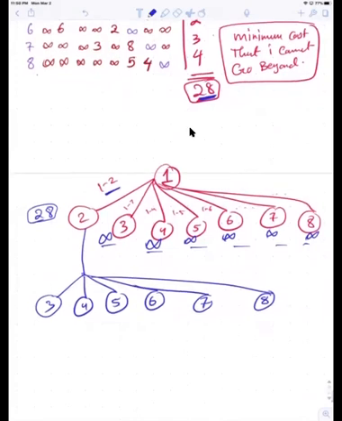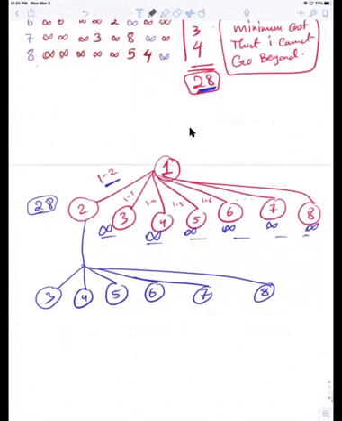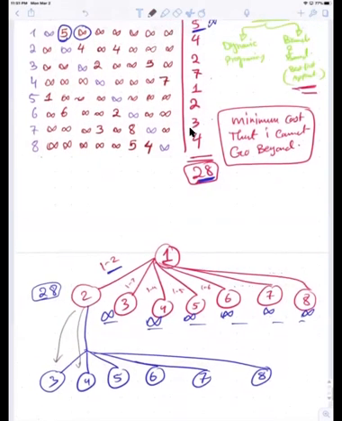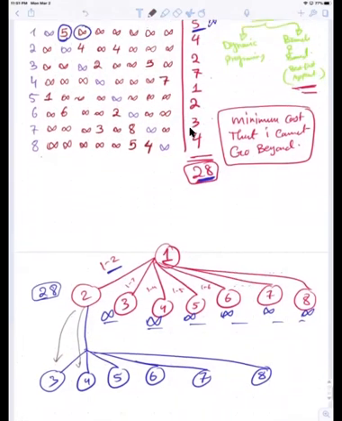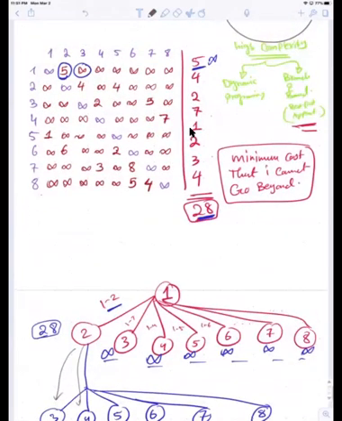Now I need to calculate the distance between 2 to 3, 2 to 4, 2 to 5, 2 to 6, and so on. If I look here in the table, I will find that from 2 to 3, it is 4, which is the same as this one.